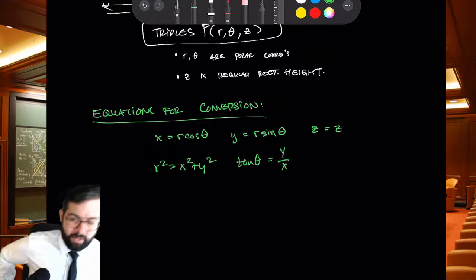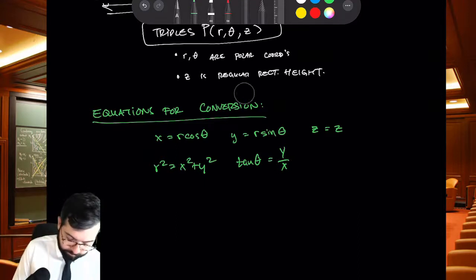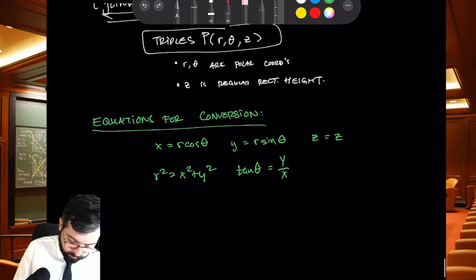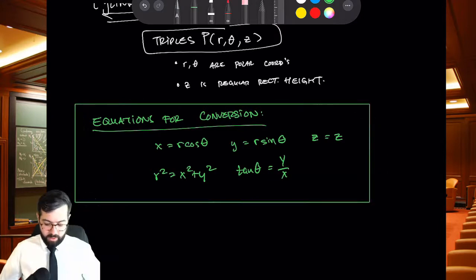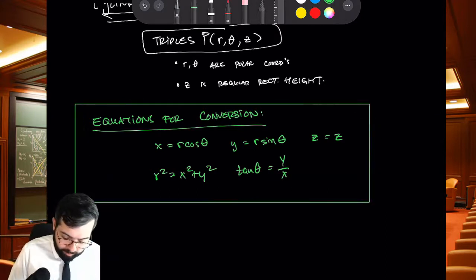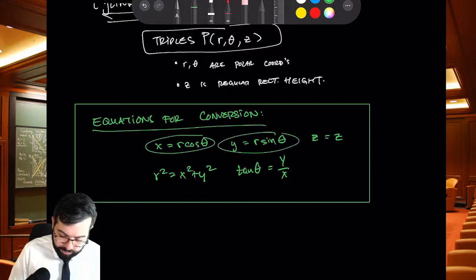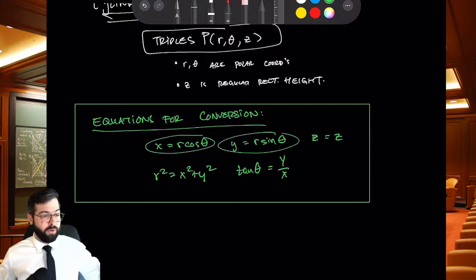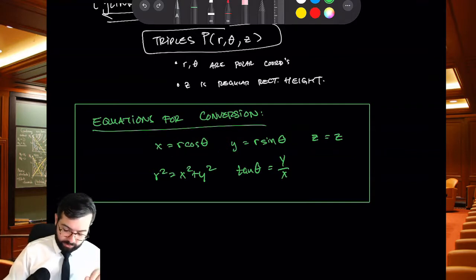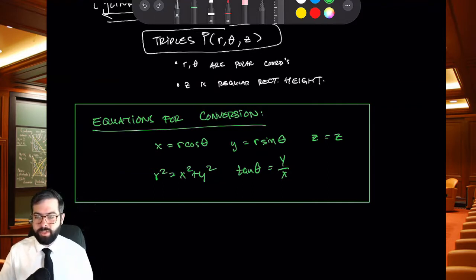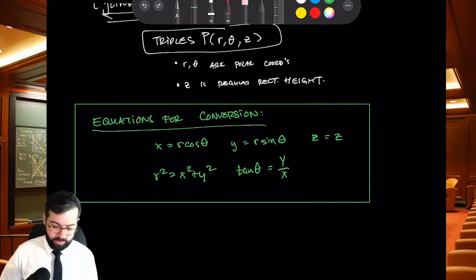It's the ratio of y to x. Okay, so these are good ones to remember. Park these in your memory too. That's going to be helpful later when we get to spherical because it can seem a little bit much. But x is r cos theta, y is r sine theta. So when things are circular, cylindrical, this is really nice.